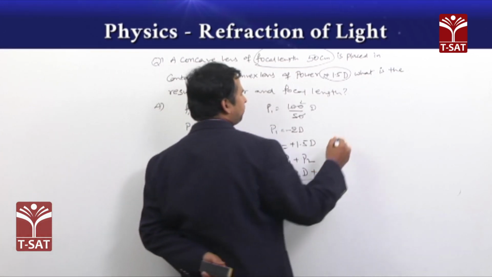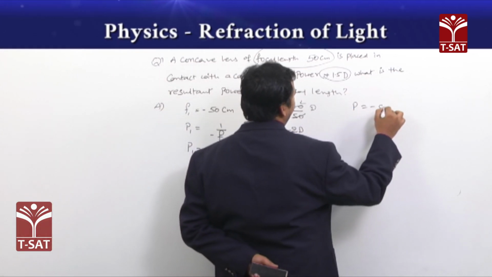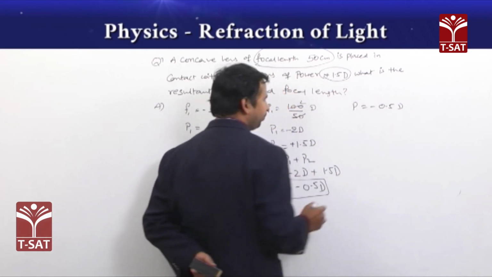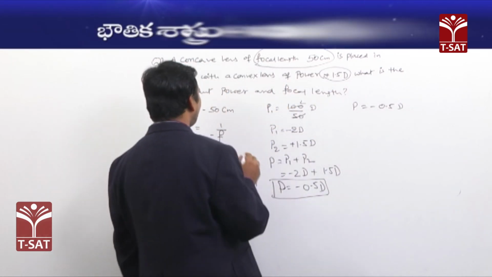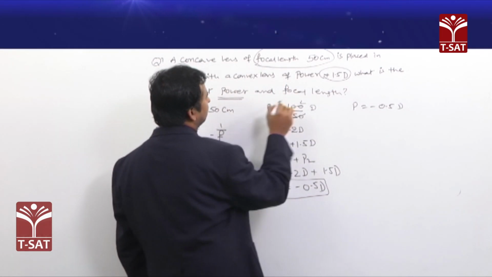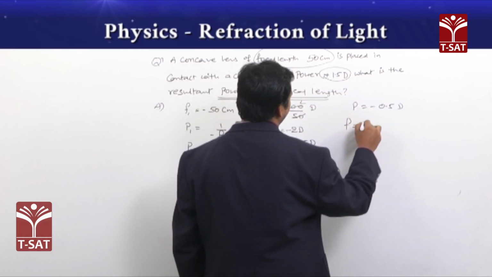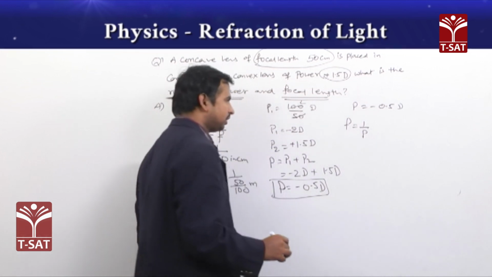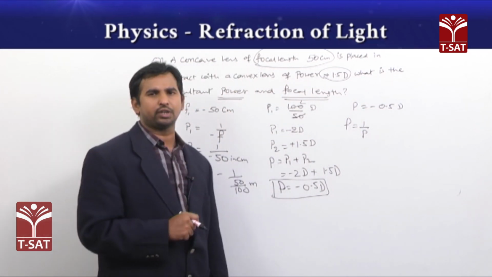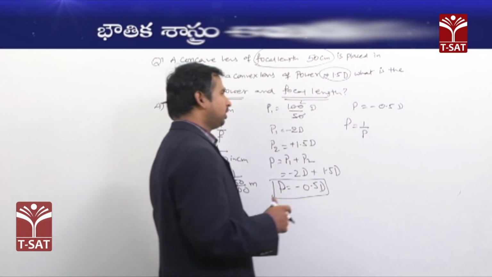Okay, then as we got P equal to minus 0.5 D, we have to find the resultant focal length also. We got the power, now we are finding the focal length, where the focal length F is equal to 1 by P, which is the reciprocal; power and focal length are reciprocal to each other.